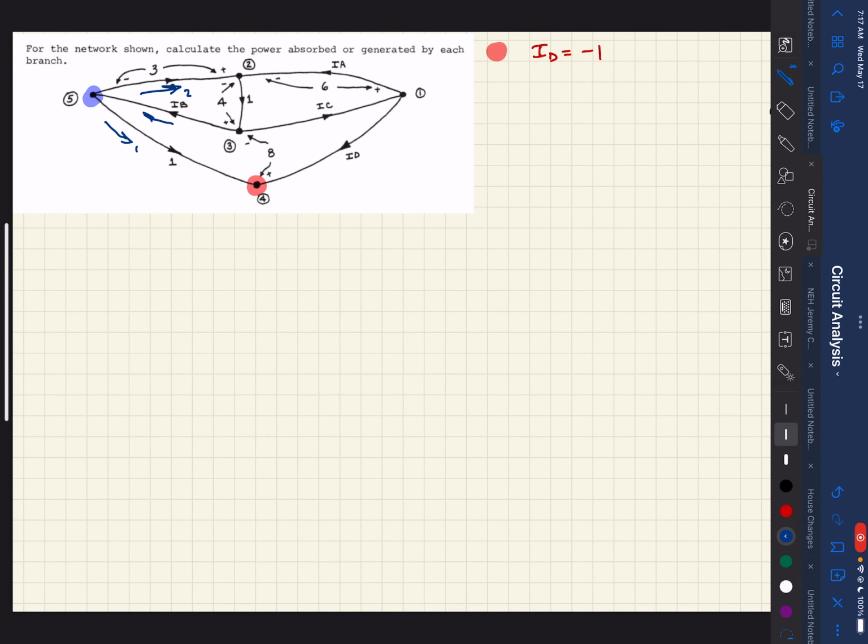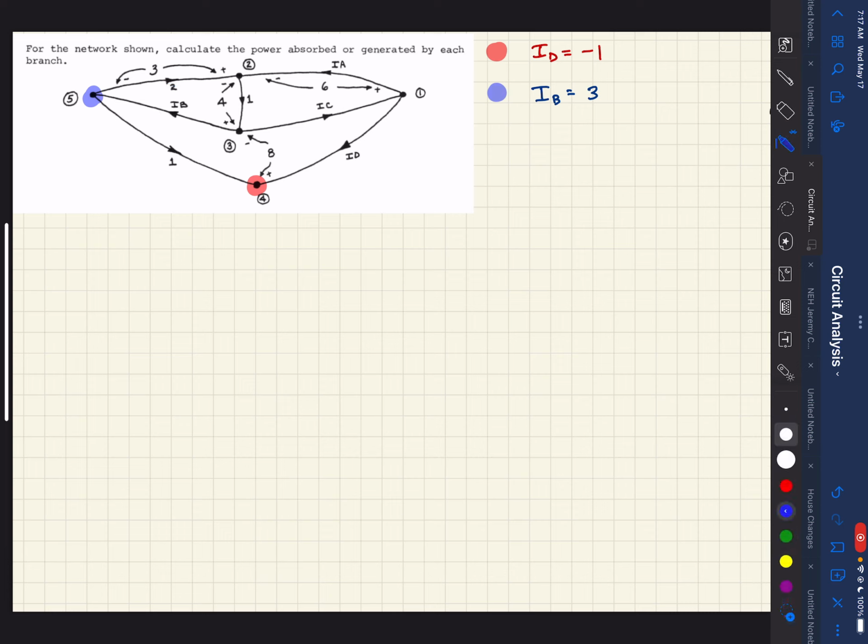So that means we must have 3 amps entering the node. So that being the case, that means our IB is going in the direction we assumed, and it should be 3 amps. All right, 2 more to go.